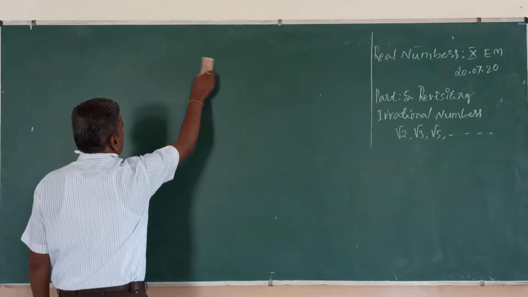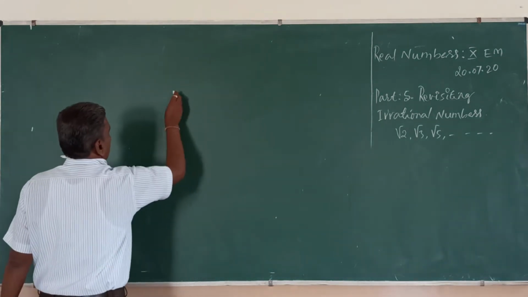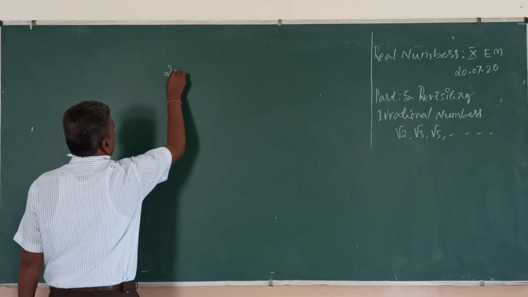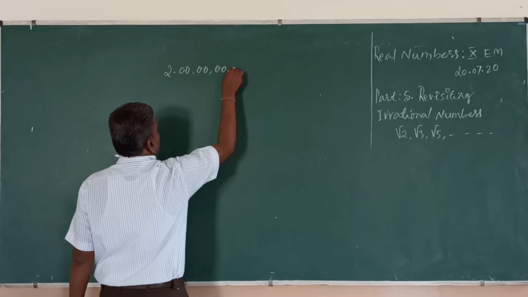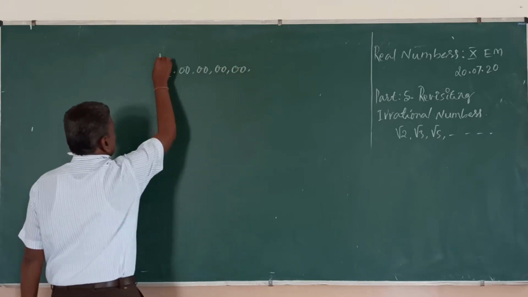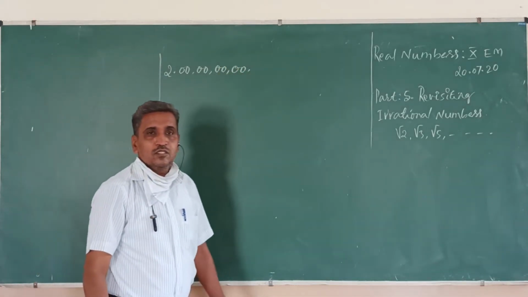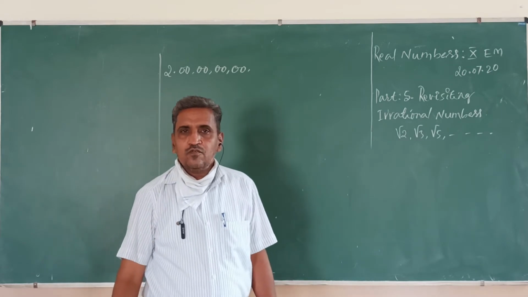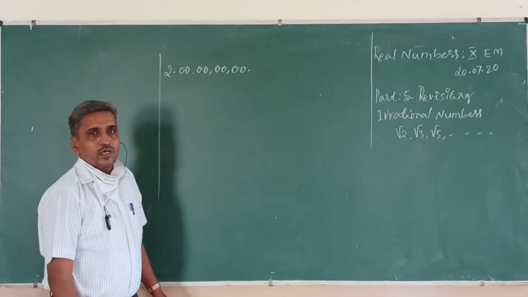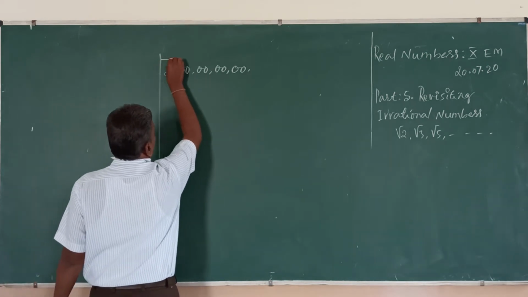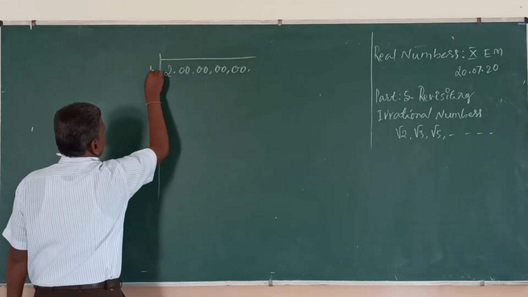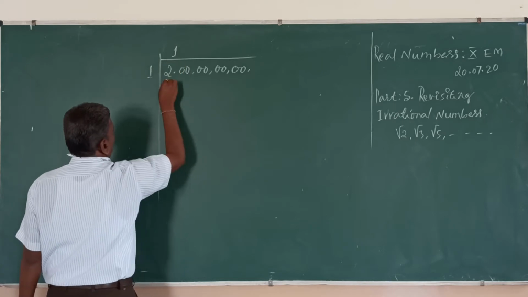Square root of 2, you can see by the long division method. How can we get the square root of 2? 1 squared is 1.